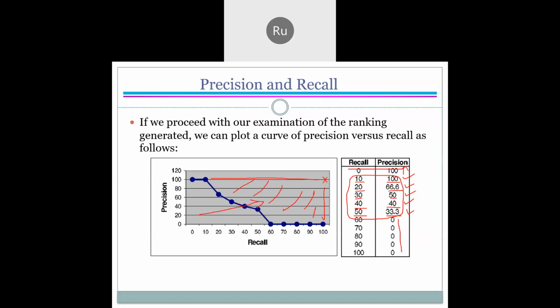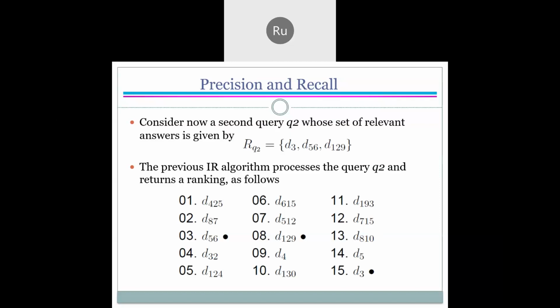Okay, let's take a look at another example. This is query number 2. Query number 2 has these relevant documents: 3, 56 and 129.